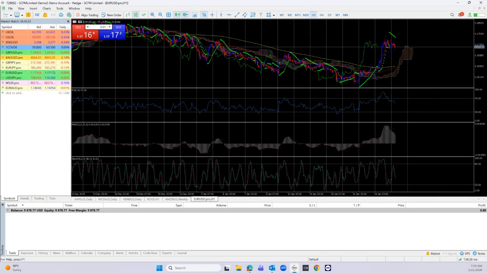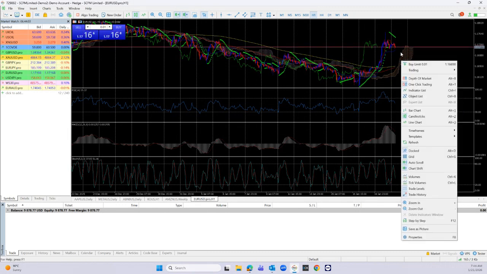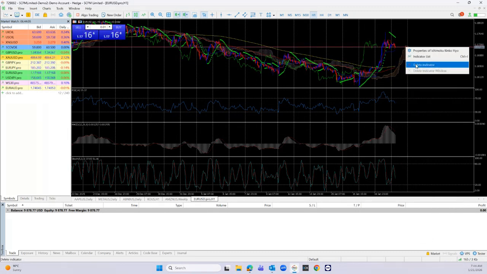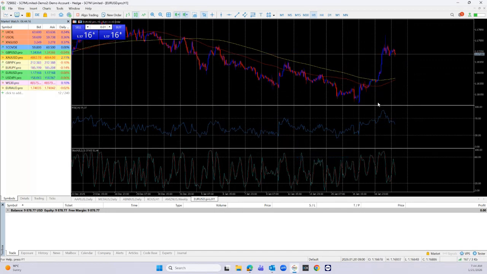When you look at these charts, first of all, there are so many indicators. Let us do away with some of them here. We can even do away with the parabolic SAR as well, and then the MACD, and then we look at this particular piece of price action.